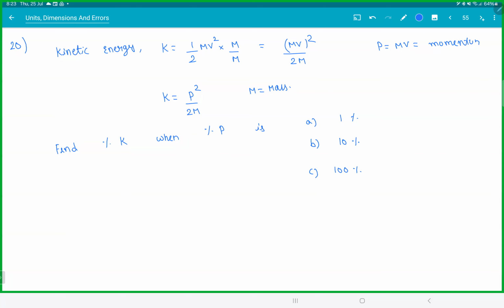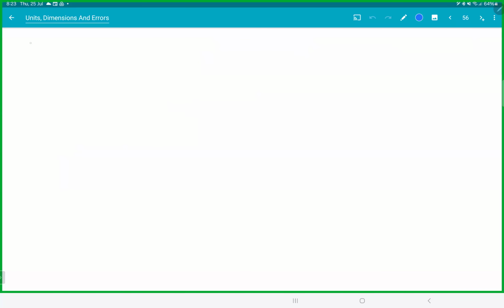First, let's use power rule and see what you get. So K is equal to P square by 2M. So dK by K is 2 times dP by P plus dM by M. But this is 0 since M is constant.